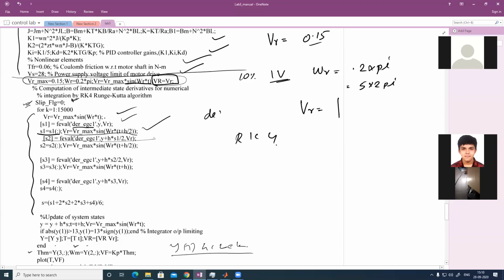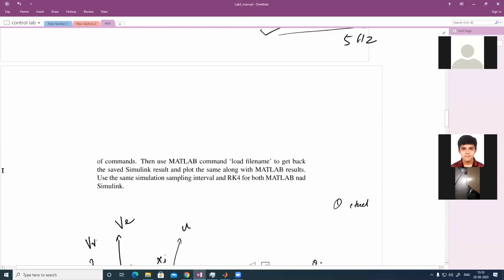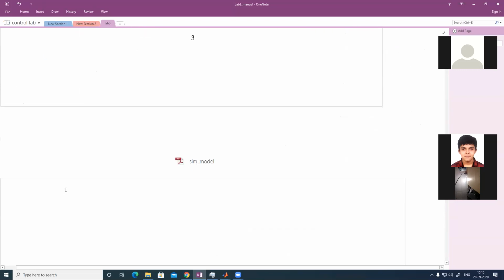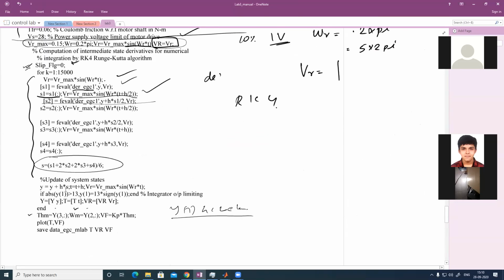Then S2 you are finding out, and with S2, S3, S4 you are finding out. And S is equal to this one. These are what you learned last Friday. So this one is the RK4 algorithm, and you are updating the step size in the integrating subroutine.